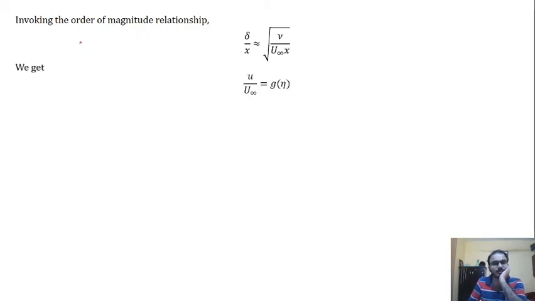Previously it was like this, that u upon u infinity was actually a function of y upon delta.